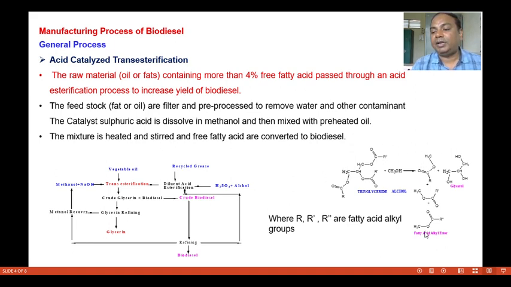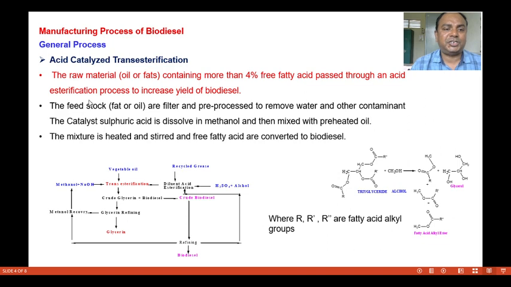Separately we get a different ester, which we call biodiesel or fatty acid alkyl ester. Along with it, another byproduct that is produced is glycerol. Glycerol is also a very important ingredient for cosmetics, so glycerol is mostly preferred as a raw material for cosmetics.